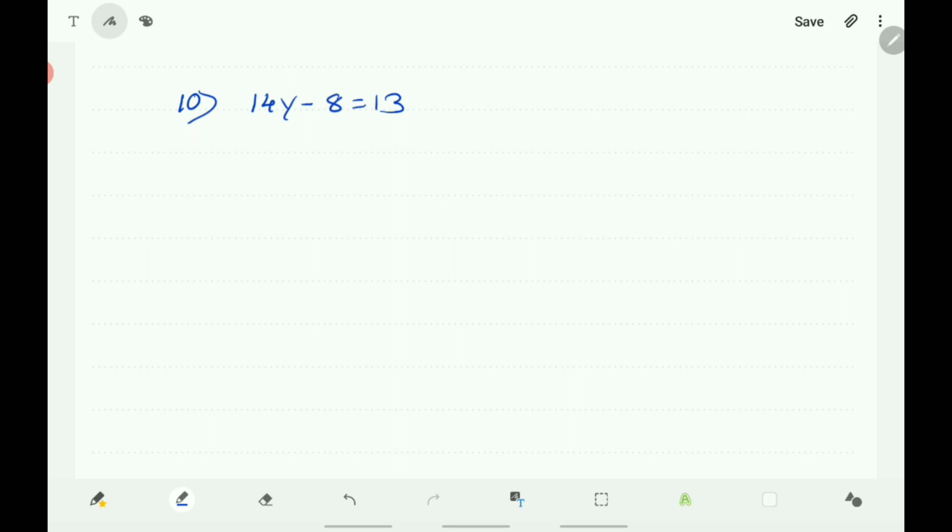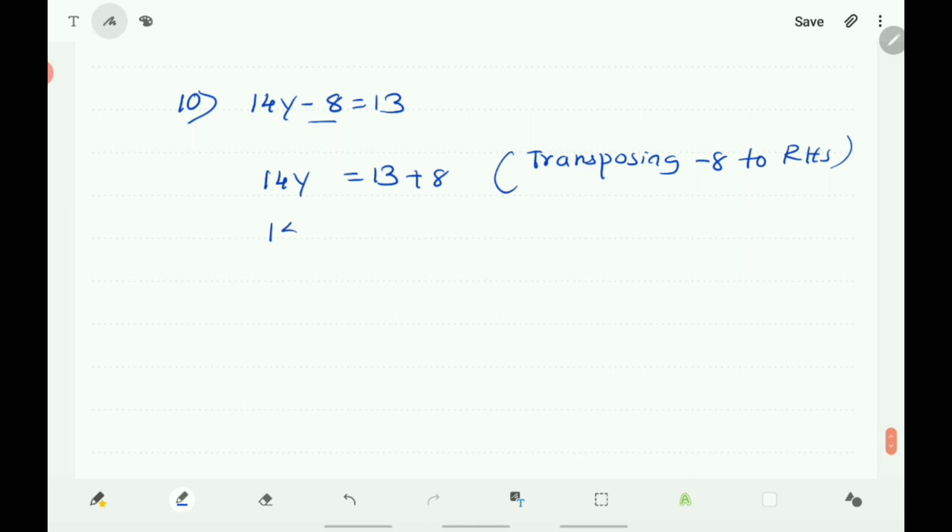So it becomes 14y is equals to 13 plus 8. What you have done here? Minus 8 is transferred to the RHS. You can write transposing minus 8 to which side? RHS. Next here it becomes 14y is equals to 13 plus 8 is 21.